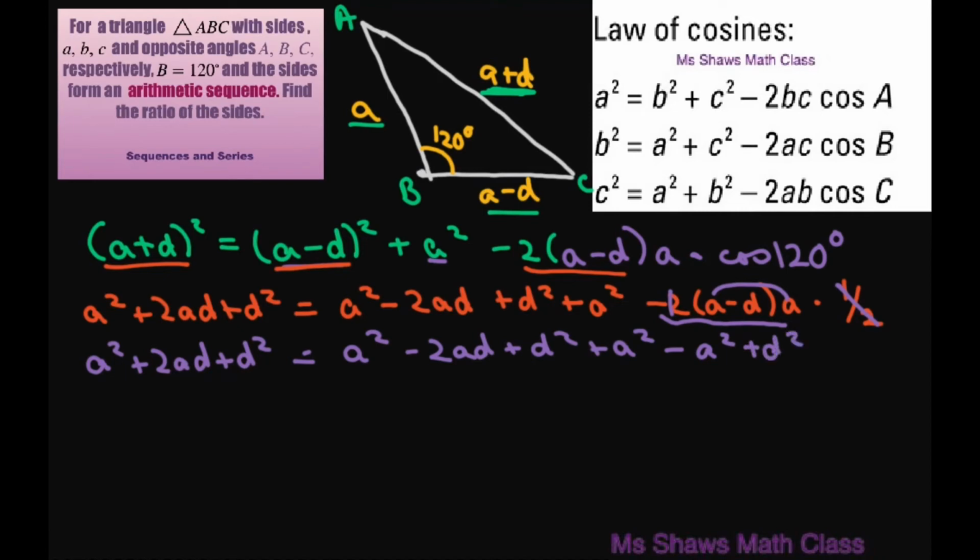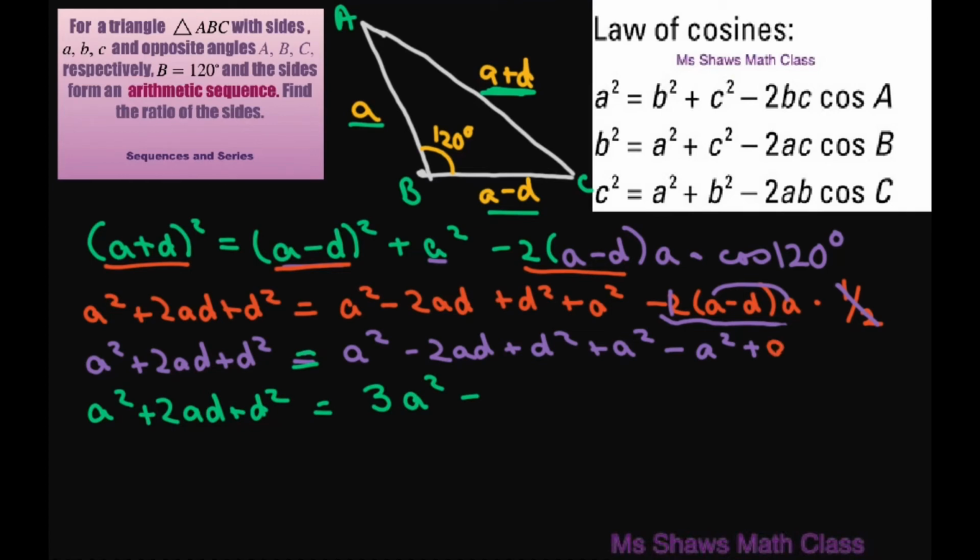Now, this is going to end up being a squared plus 2ad plus d squared, and this is going to be 3a squared minus 3ad. This should be ad. I knew something was wrong here.